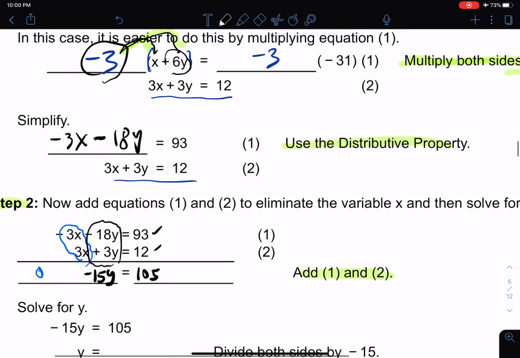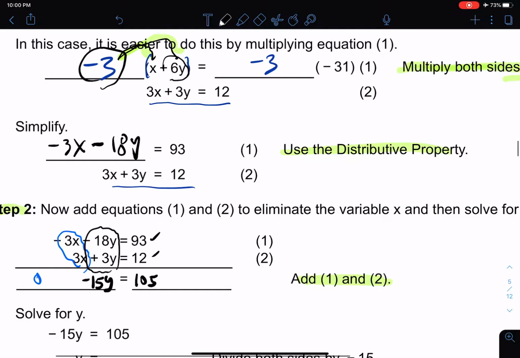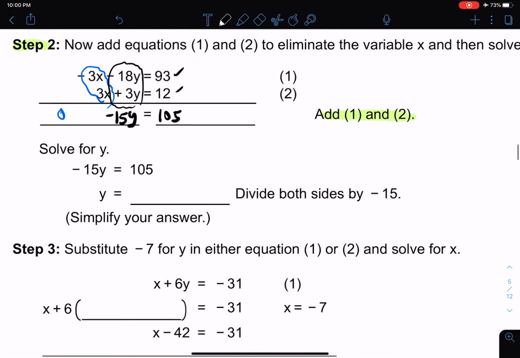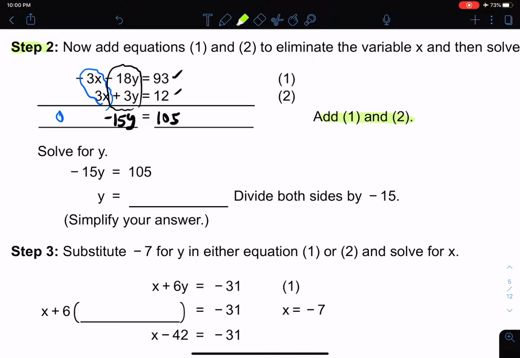All right. See where I'm at. Okay, so now the next step, it's asking us to please divide both sides by -15. So I divide both sides by negative 15. And negative 15 divided by negative 15 gives us that 1y. And then 105 divided by negative 15, that gives us negative, let's see, 105 divided by negative 15 is negative 7.